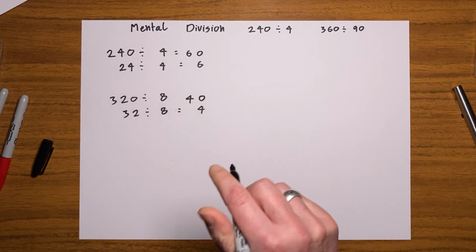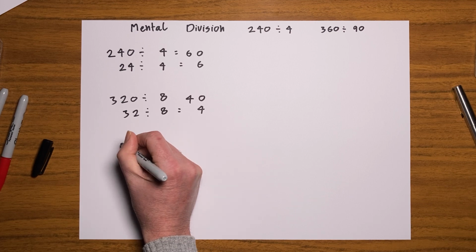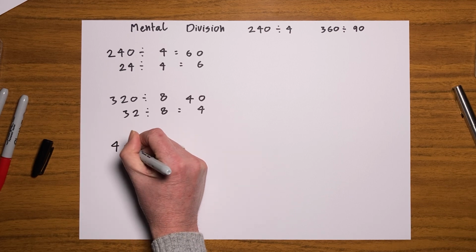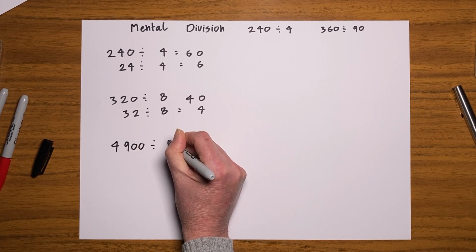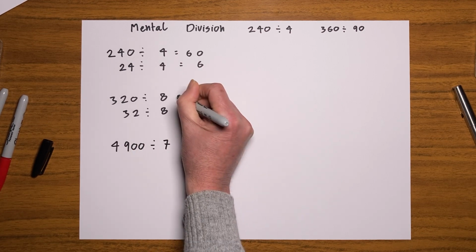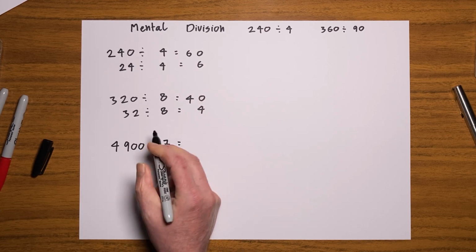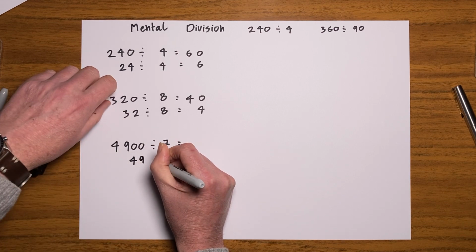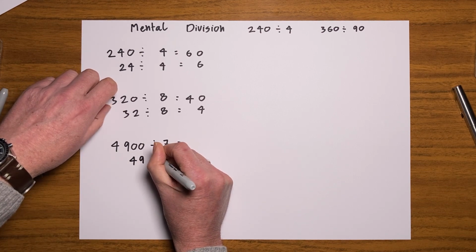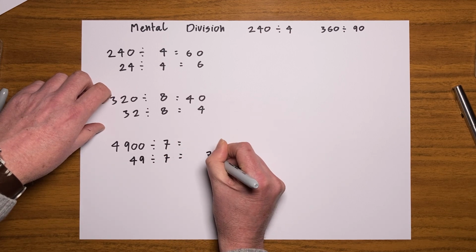So far, so good. Right, what about when we get to something like this, which is going to be 4,900 divided by 7? It's not a problem, because I just recognise that 49. So I write it out and I use what I know. And I know that 49 divided by 7 equals 7.